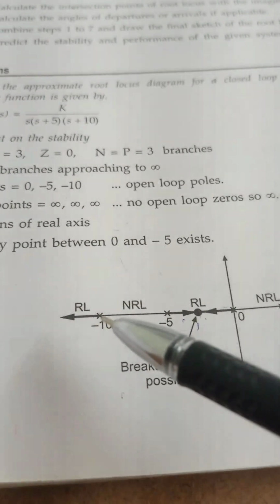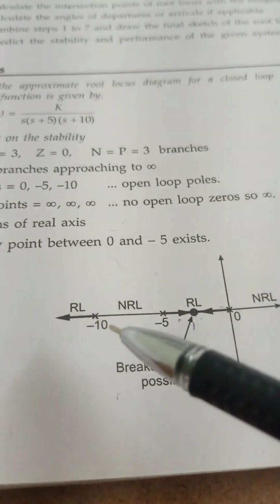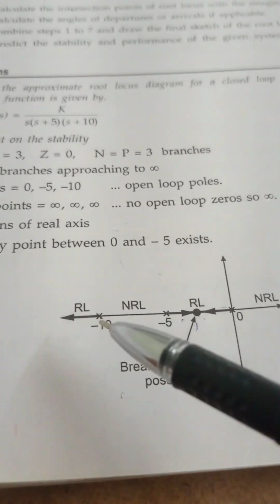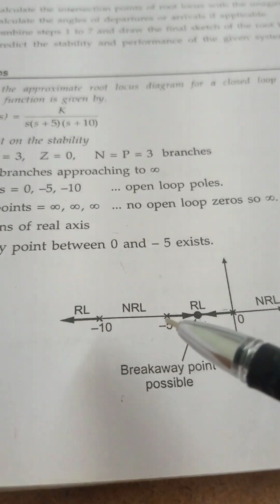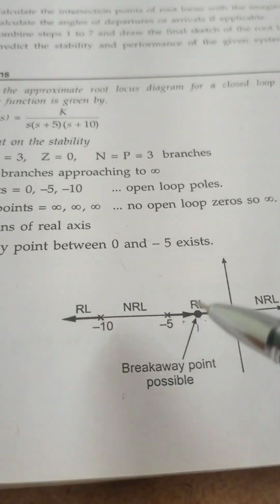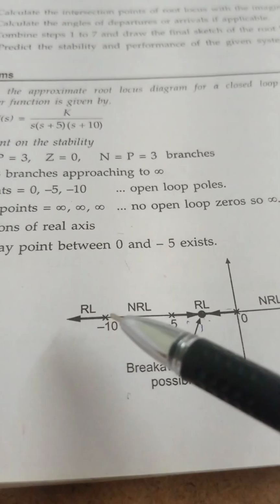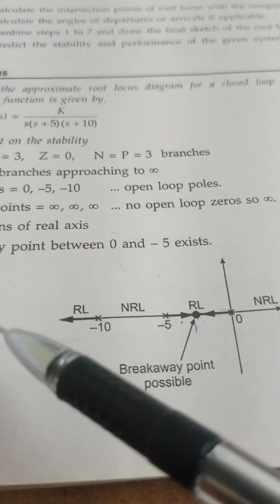For the pole at minus 5, there is another pole toward the left, which is terminating at infinity. But the pole at 0 does not have another pole nearby, so it tends to infinity on its own.